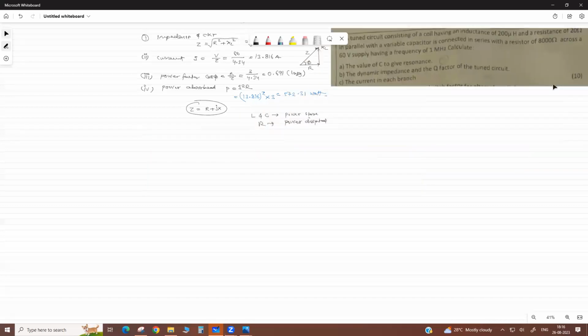It is readable. So in parallel resonance.